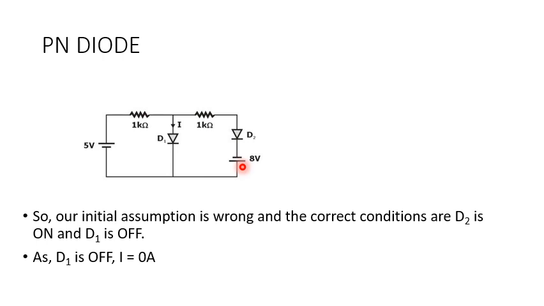So obviously D1 is reverse biased. When D1 is reverse biased, it is an open circuit, and obviously there is no current. So our initial assumption is wrong, and the correct condition is D2 is on and D1 is off. So D1 is off and the current value is 0 amps here. This is such a tricky question asked in ISRO 2020.